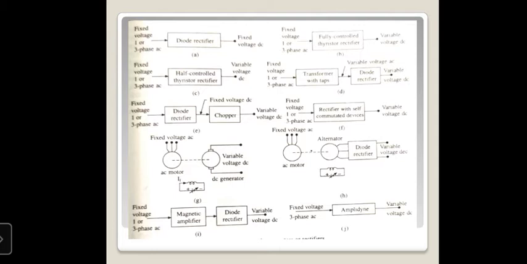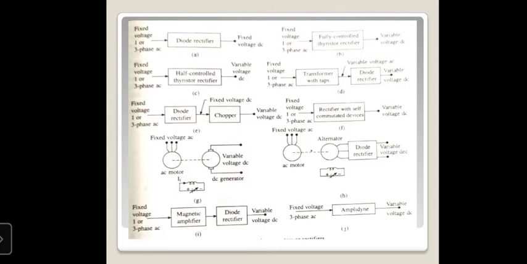There are two types of rectifier available. One is called uncontrolled rectifier, another is called full control rectifier or control rectifier. In control rectifier, there are two types: one is called half control, another is called full control.